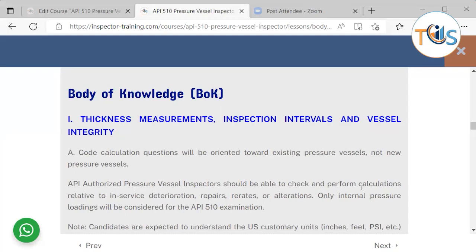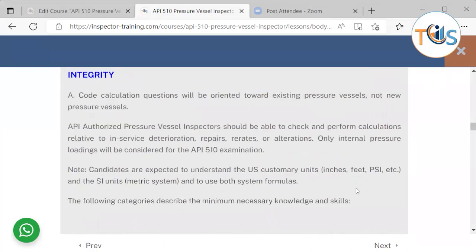So you should be able to do thickness measurement and inspection interval, and you should know about vessel integrity, right? Some units, remember, are in SI units, and some of them are US customary units: inches, feet, PSI, etc. So you should be able to use both systems.